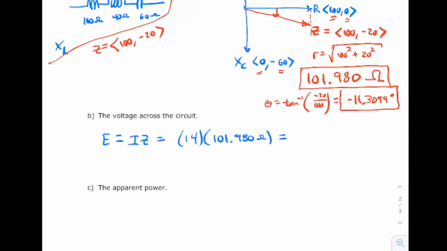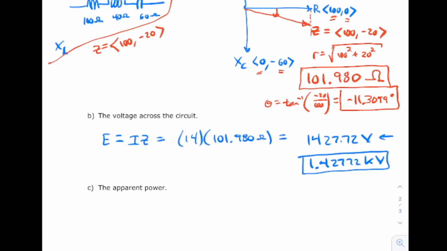We're going to have us a voltage. 14 times 101.980 equals, with a lot of sig figs, 1427.72 volts, which we should really write as 1.42772 kilovolts. That would be the better answer. But for our purposes here, it's like 1.4 kilovolts. Is that right? 1.4. Okay, good. That's what I got before. I'm just making sure.